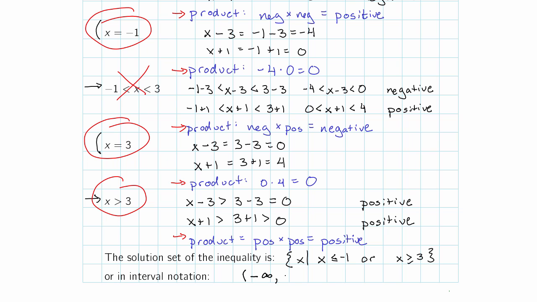We have from negative infinity up to negative 1. Negative 1 is included. Union, because there's a gap in our interval. And then 3 is included, and from there to infinity. So set builder notation, interval notation, we're describing the same thing.